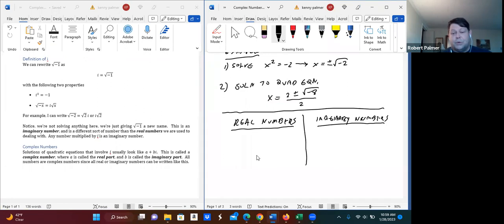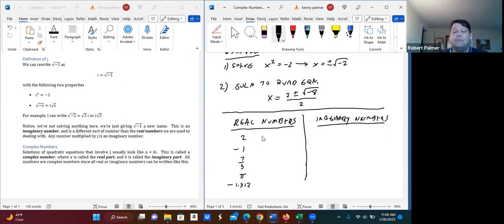Real numbers we deal with all the time. For example, like 2, -1, any fraction like 7/3, irrational numbers like pi, or even decimals, 1.312, anything like that. Those are all real numbers. Those numbers we deal with all the time. We can make some of these negative.